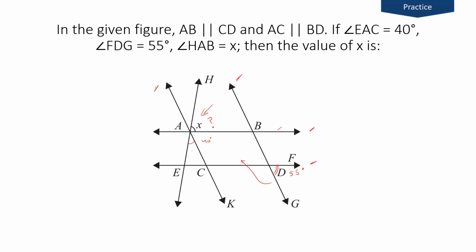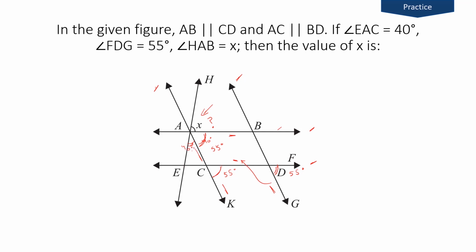So we know that FDG is 55 degrees. If we go to the corresponding angle for these two parallel lines AC and BD, these two are going to be equal. So this angle is also 55 degrees. Now if I take the other two parallel lines AB and CF, the corresponding angle, this part of the angle, is also going to be 55 degrees.